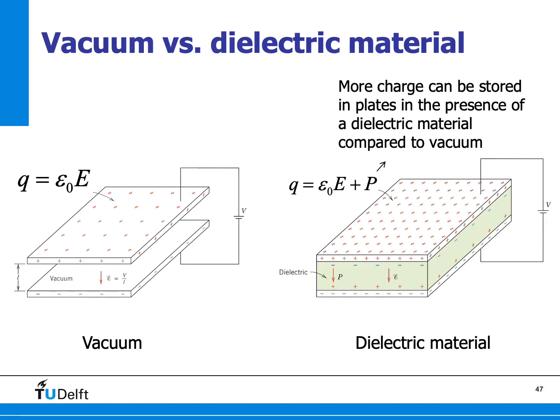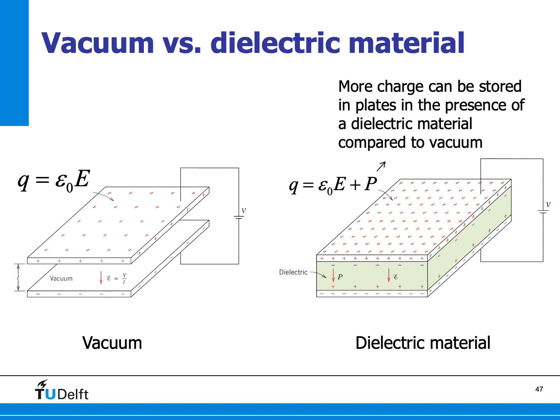So let's compare the situation of vacuum versus a dielectric material in between the plates, the metallic plates over which we apply a potential difference. So suppose this plate is connected to the positive side of the battery, then the amount of charge on this plate Q is proportional to the electric field times the permittivity of the vacuum.